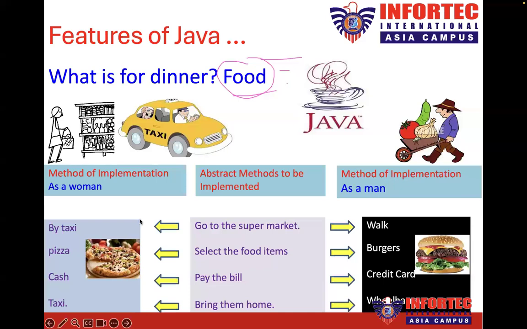You have to go to a food city, purchase items, cook, pay the bill, and bring them home. That is what we call abstraction in object-oriented concepts. Behind this we have all these activities, but we can't see them. It is a very practical example of abstraction.